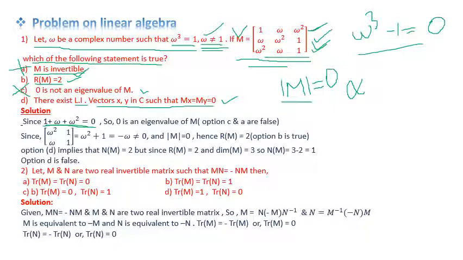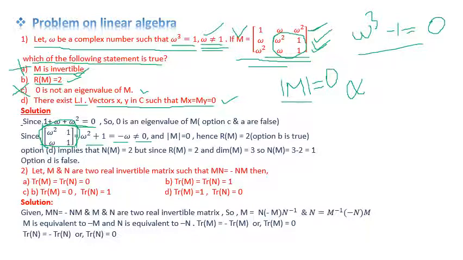And since there exists a 2 by 2 matrix, omega square 1, omega 1, that is, there exists a 2 by 2 submatrix of this matrix, take the determinant of this matrix, this is equal to omega square plus 1, and this is equal to minus omega, and obviously not equal to 0.